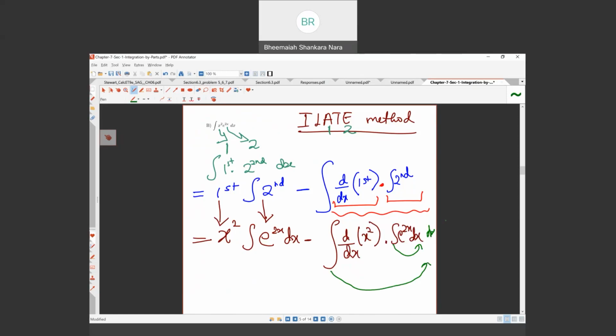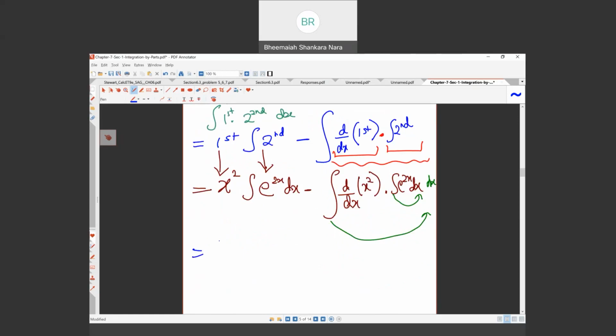Now, let's simplify this. Bring down the x square. Integral of e to the 2x is e to the 2x divided by 2 minus integral and dx. So bring down this integration here and this dx here. So d dx of x square, simplify this term.